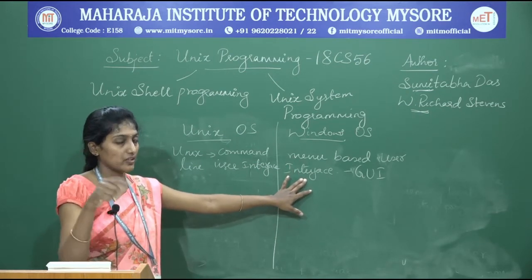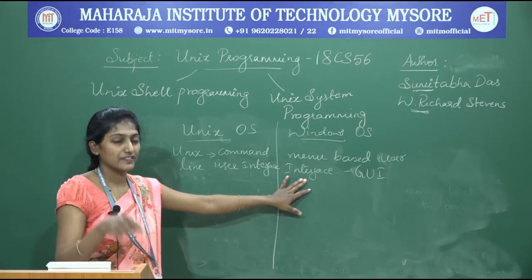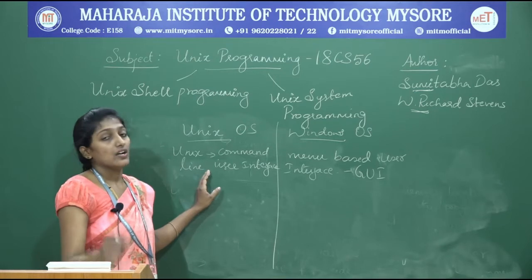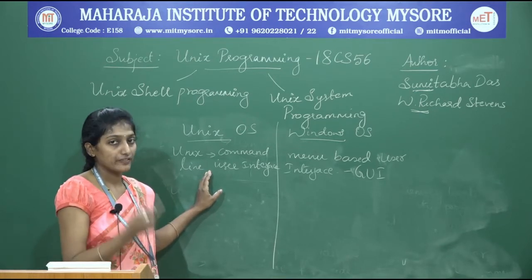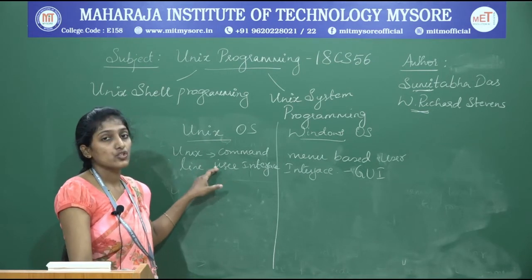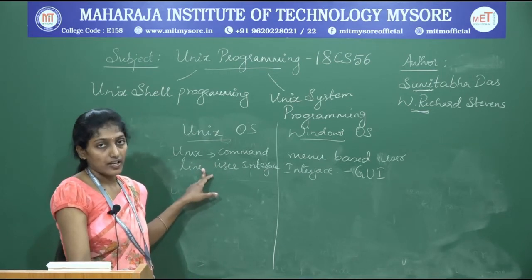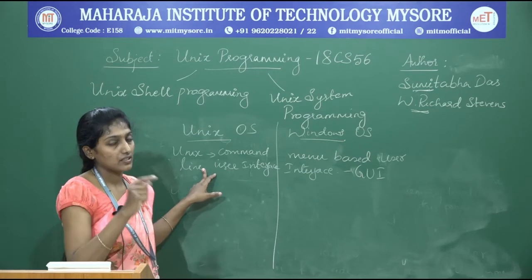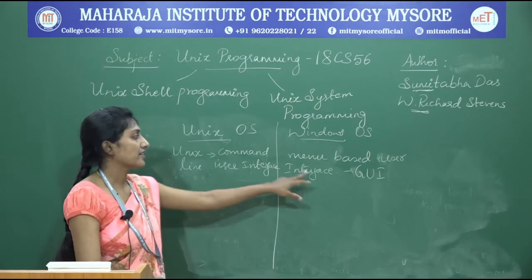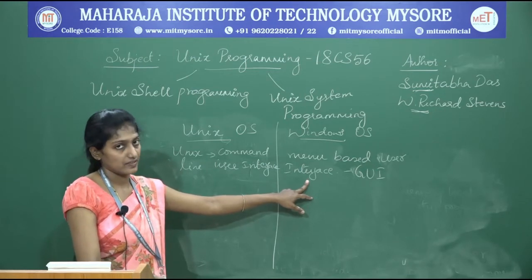Just by one click you can access any folder or file stored in the hard disk. Whereas in Unix, whichever program you have to access or execute, it should always be through the command itself, using that shell command. So, Unix is a command line user interface and Windows is a menu based user interface.